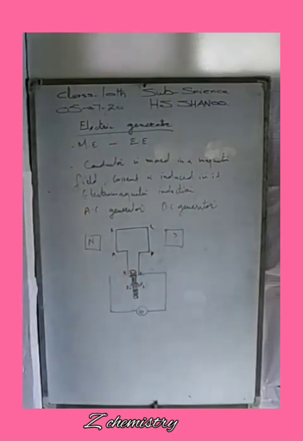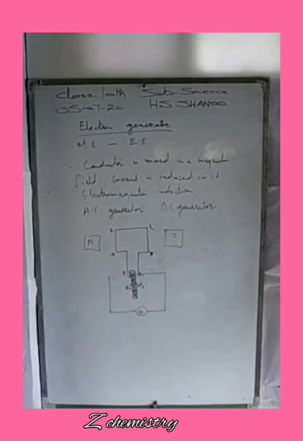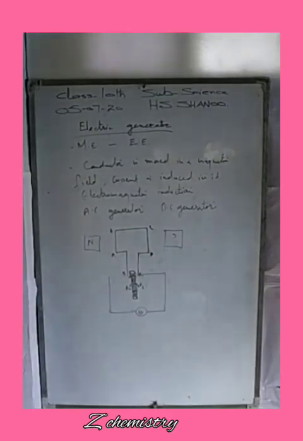In this way, after every rotation, the direction changes. While in a DC generator, we use a split ring type commutator, so that every brush remains connected with the ring all the time, and that allows the unidirectional movement of the current.